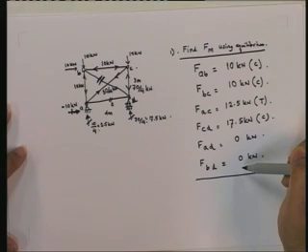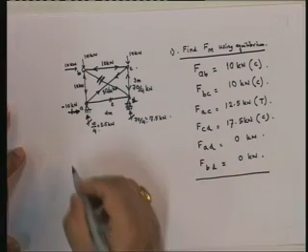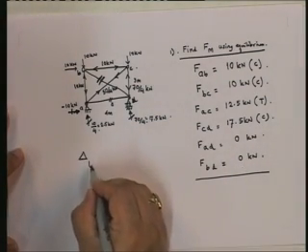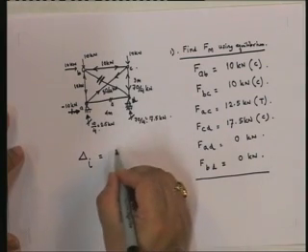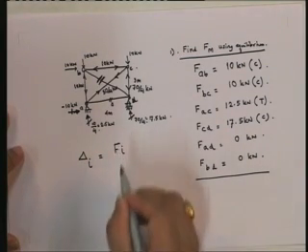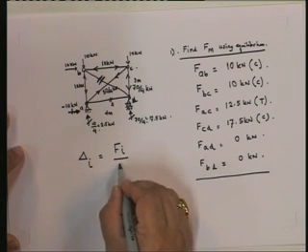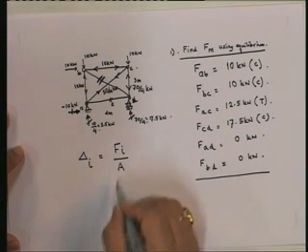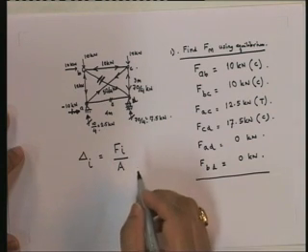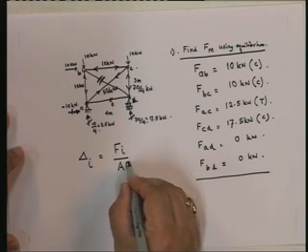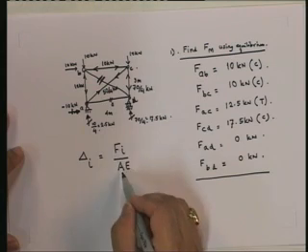So what are the deformations in each of the members? The deformation in member i you can find out is going to be equal to Fi, force, divided by A. What does the force divided by A give? The stress. Divided by E. What does that give me? The strain.